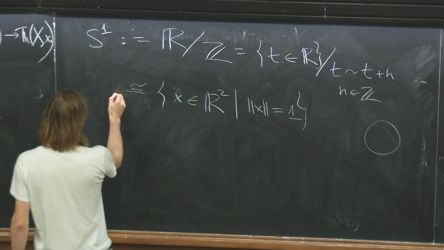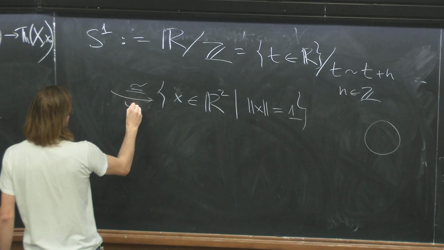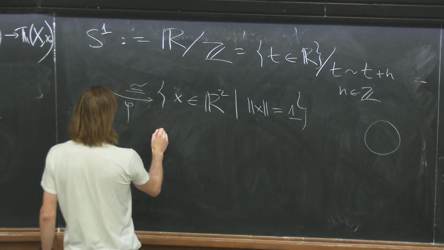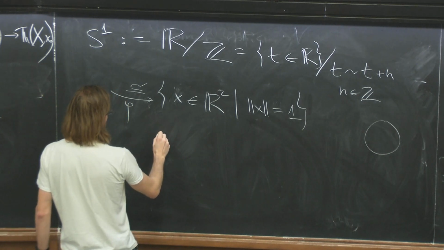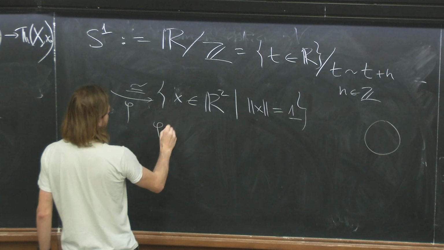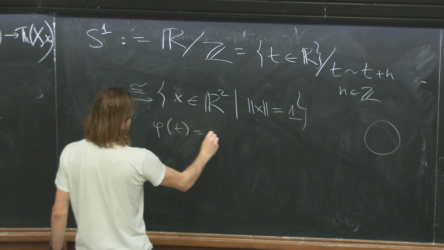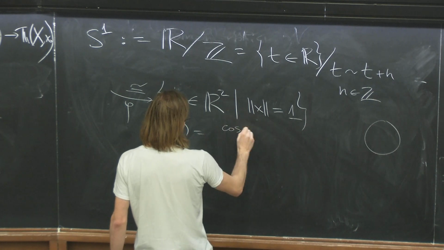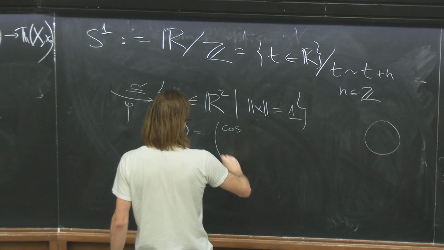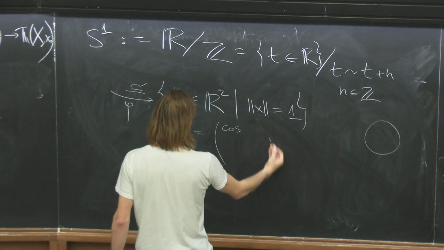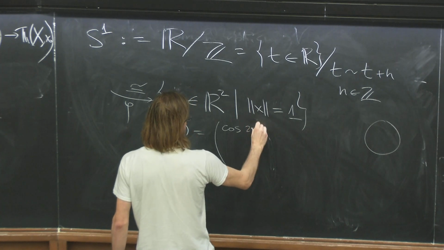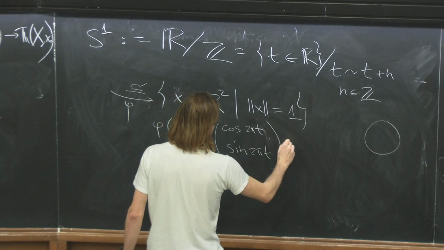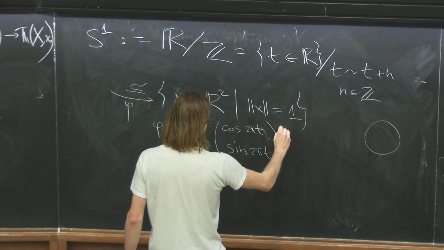And for the explicit isomorphism, we can consider phi, which sends t to the vector cosine 2 pi t, sine 2 pi t.